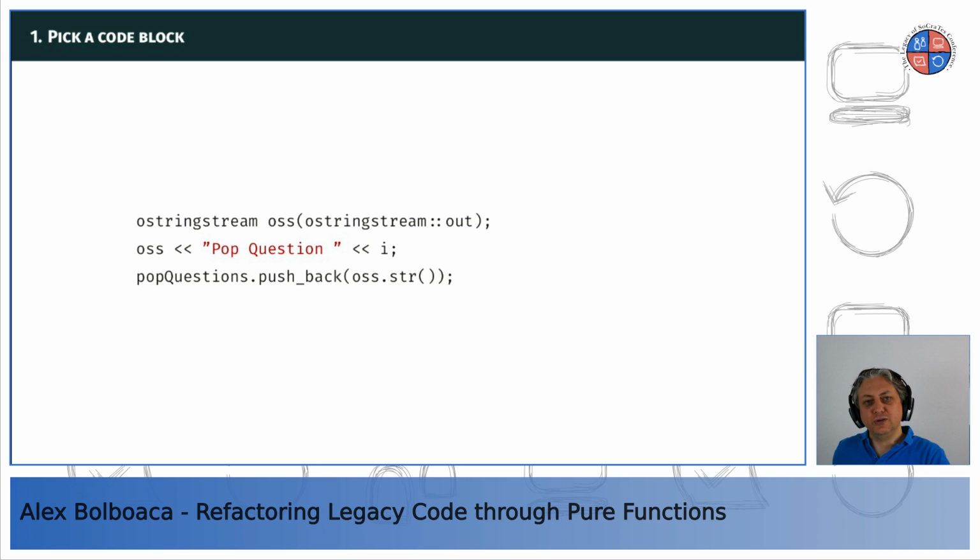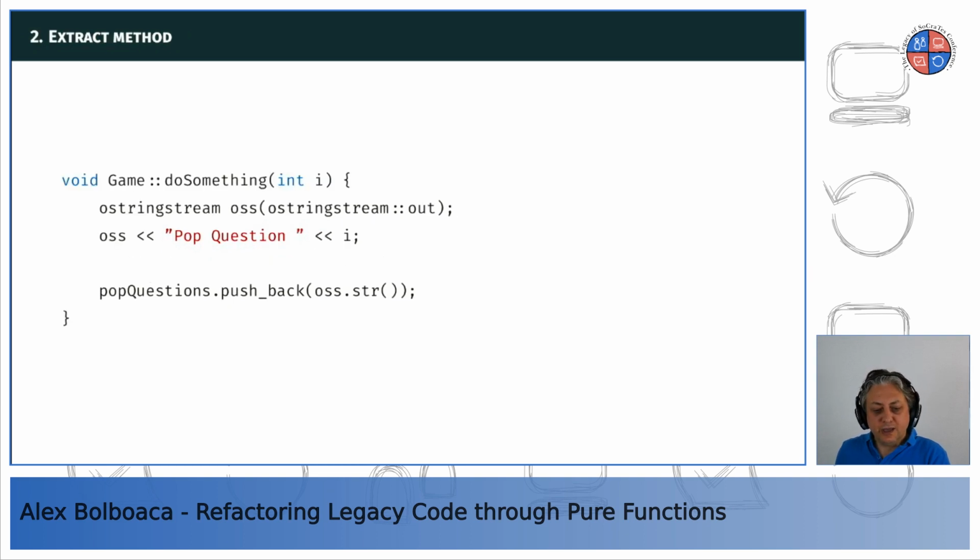This is something that you can see by reading the code. But the interesting part is you don't necessarily have to read it. So I can extract it into a method, and I can use the IDE to do that, or I can use my manual refactoring steps for extract method, and I end up with this.